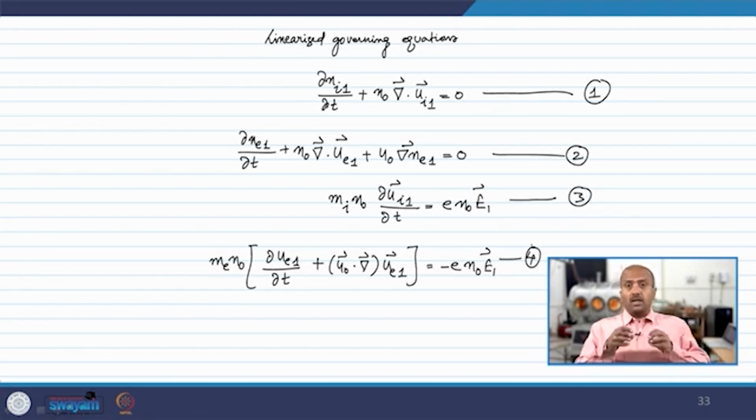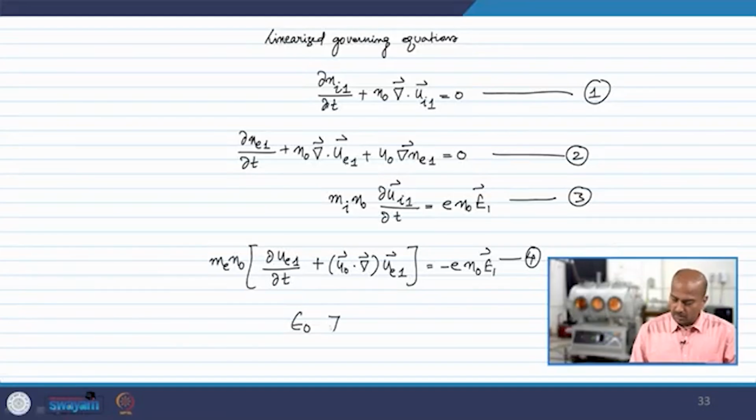Now, when the electrons and ions are moving with different speeds, it will be obvious that there is a polarity of charge concentration spatially, right? That means there will be an electric field, and this information is appropriately embedded in the Poisson equation, which is epsilon naught times ∇·E_1 = E (n_I1 − n_E1).